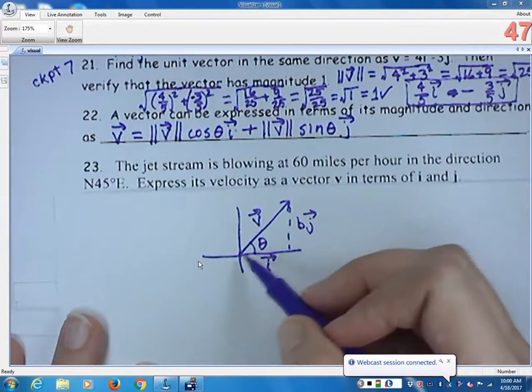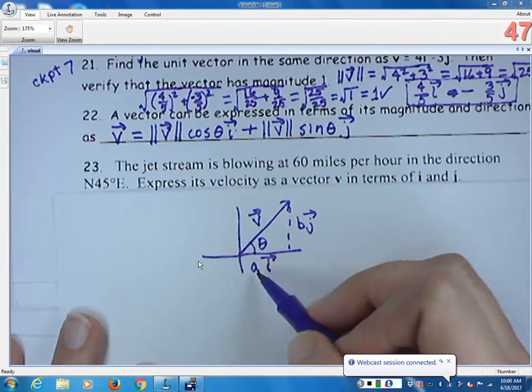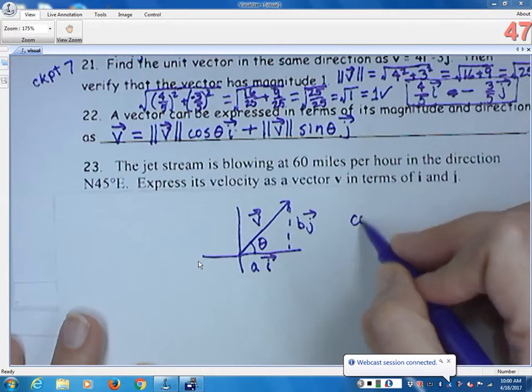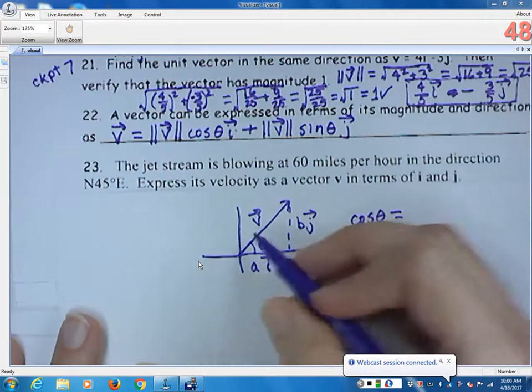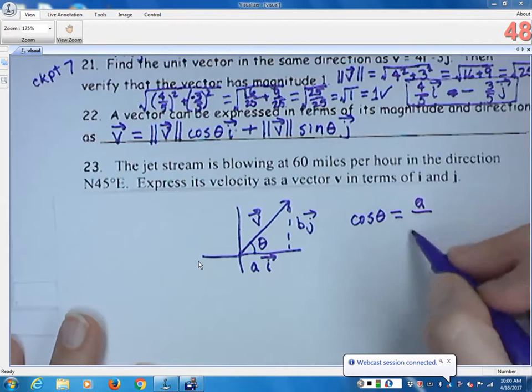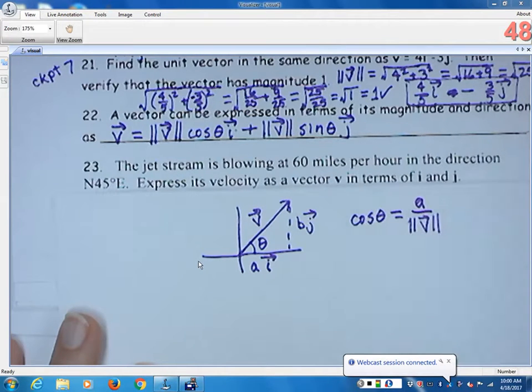So how can we find a? Cosine of theta equals adjacent over hypotenuse, equals a over the magnitude of v.